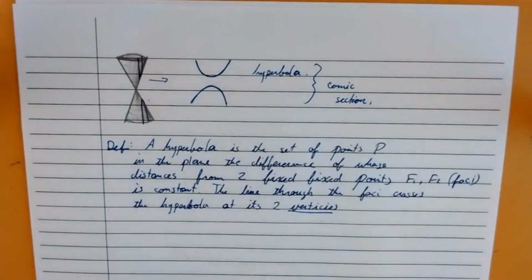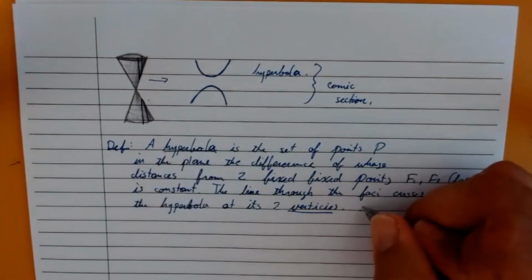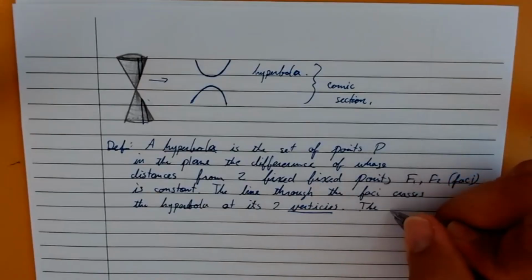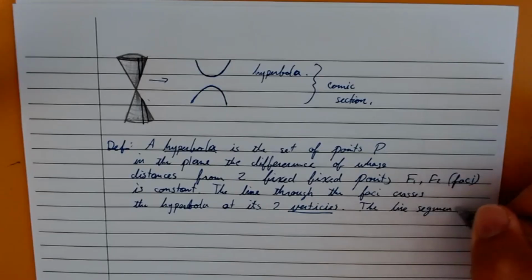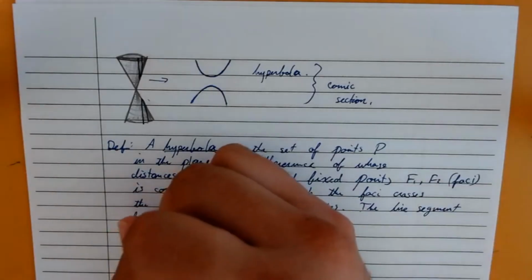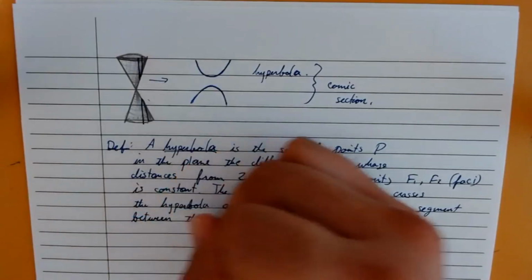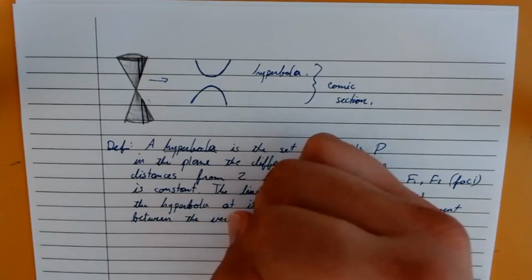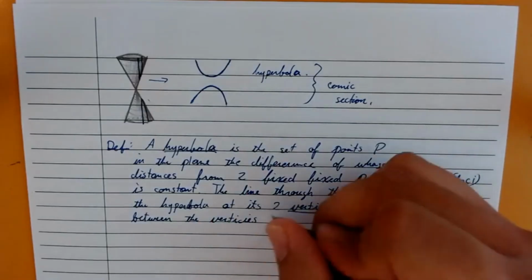One is called a vertex, plural is vertices. The line segment between the vertices is called the transverse axis.